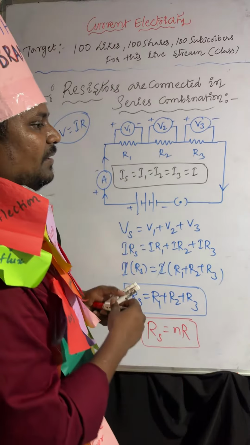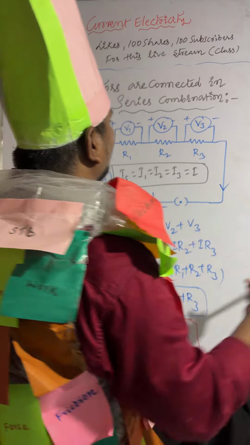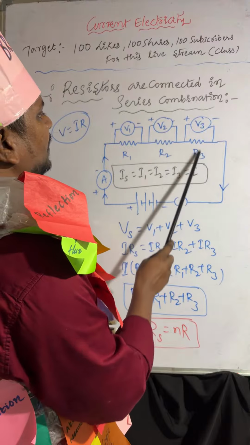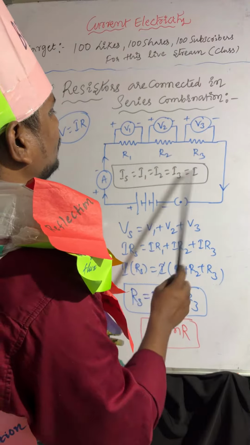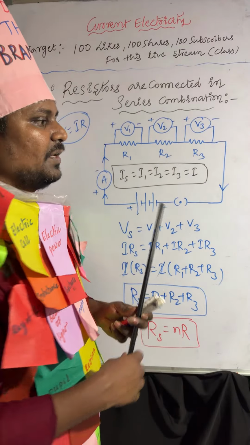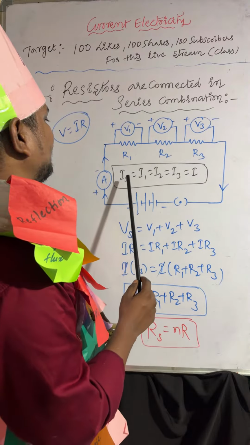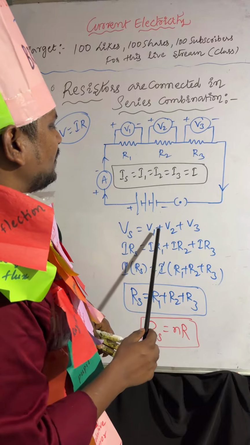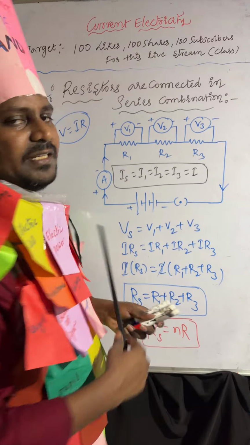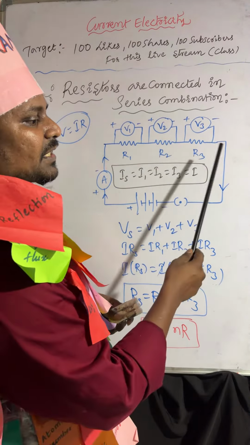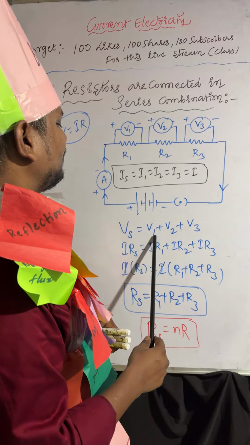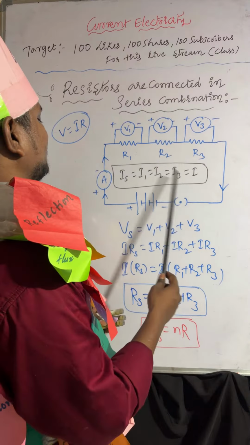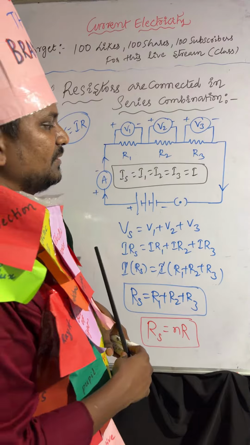Once again observe here. R1, R2, R3, across R1 V1, across R2 V2, across R3 V3. Throughout the circuit the current is the same: IS equal to I1, I2, I3, I. The potential difference is different. Right? That's why Vs equal to V1. Sir, what is Vs? It is the overall potential difference in series combination.